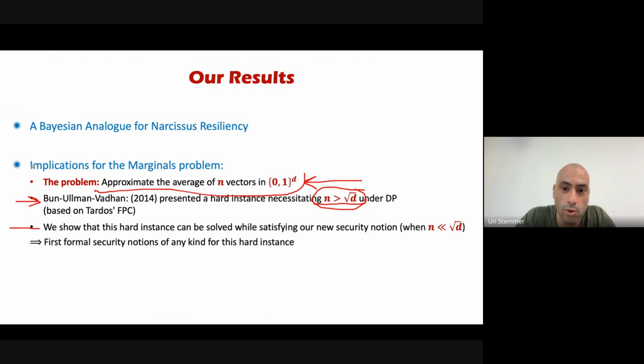What we show is that this hard instance can actually be solved while satisfying our new security definition, even when n is much, much smaller than root d. And as far as we know, this is the first formal security notion of any kind for this hard instance.